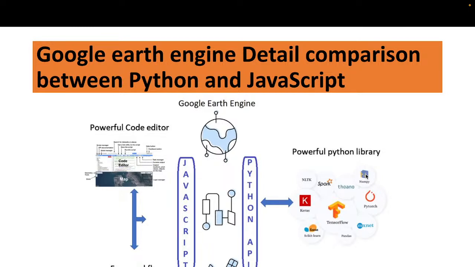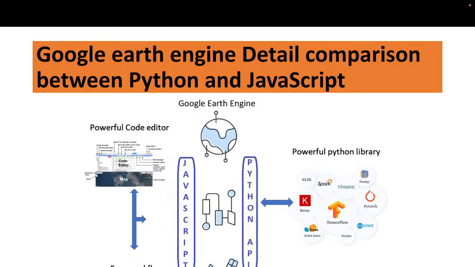But Python has another strength: powerful libraries. Python has a lot of them, such as Keras, TensorFlow, NumPy, scikit-learn, pandas, matplotlib. These powerful libraries we can easily integrate with Google Earth Engine using Python. When you work with deeper analysis, such as deep learning, then Python is more helpful than JavaScript.